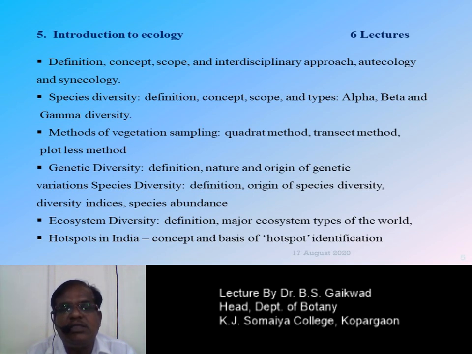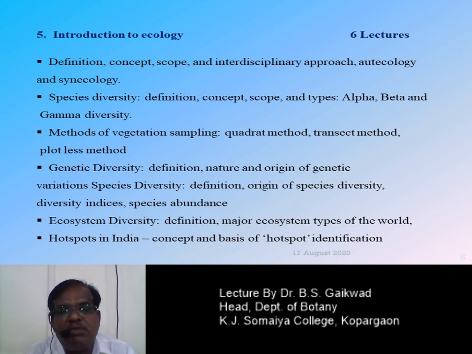These methods are studied and discussed in this chapter. Then genetic diversity: the definition, the nature and origin of genetic variation, then species diversity, definition, origin of species diversity, and diversity indices and species abundance must be discussed here.